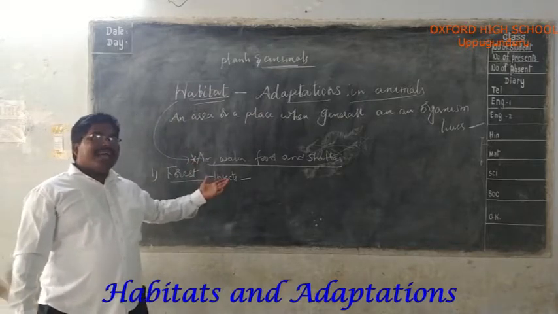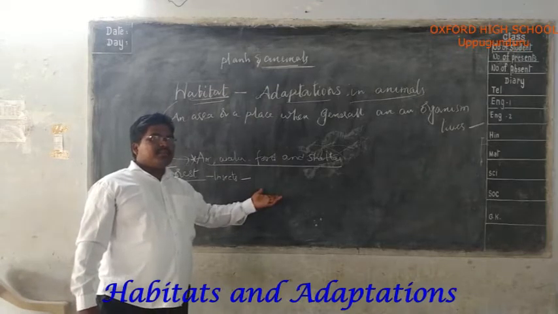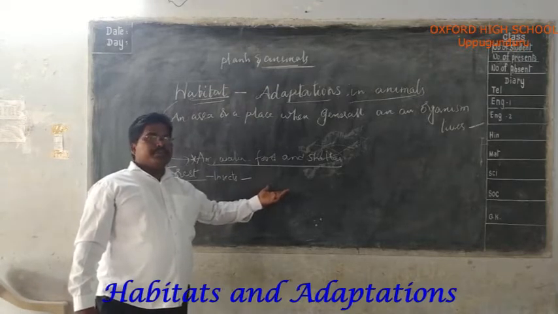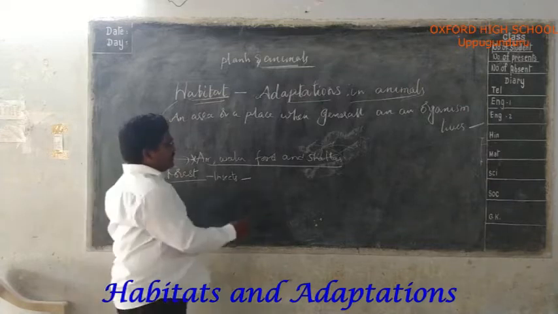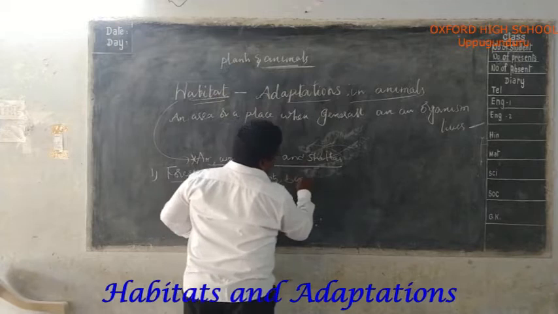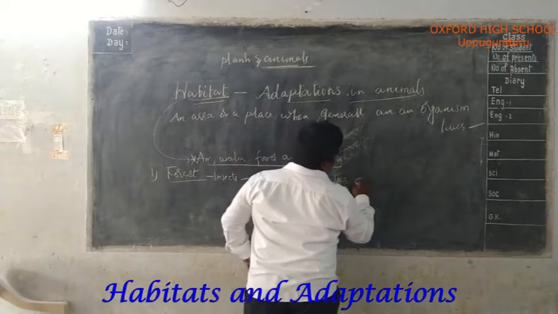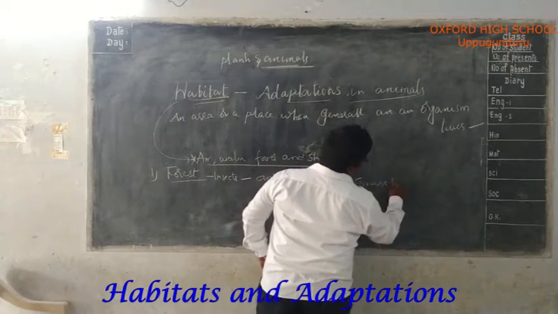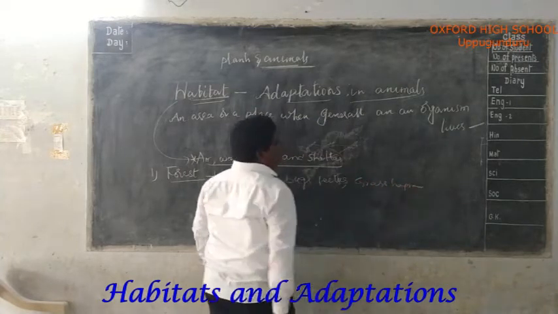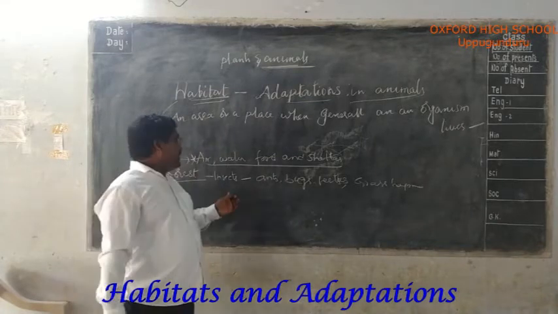What are those? Ants, bugs, beetles and butterflies or grasshoppers. So these are some of the examples of insects which are mostly found on the floor of the forest.